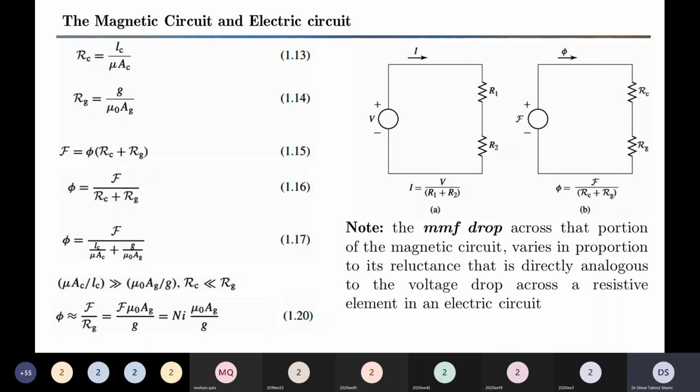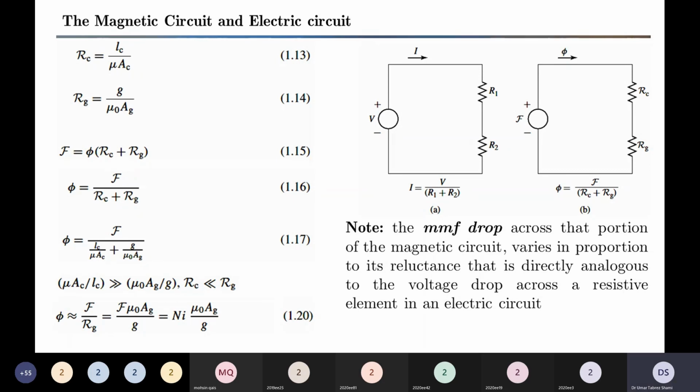This means that we can create an analogy between magnetic circuit and electric circuit. And this is what we are going to do in this slide. We will try to develop a similarity between magnetic circuit and electric circuit. So we'll start with equation number 1.13. This is RC, the reluctance of the core.